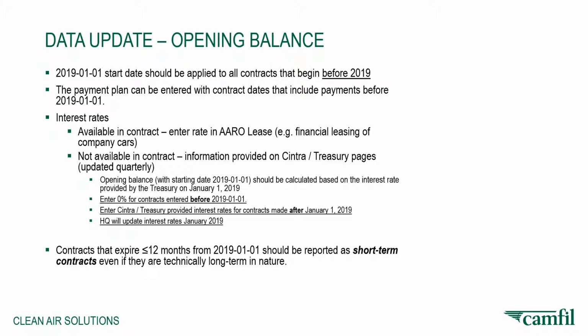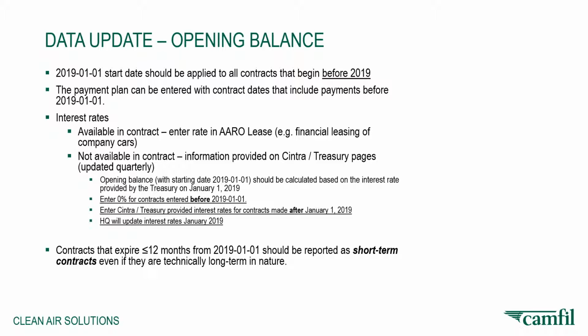A start date of January 1st, 2019 should be applied to all contracts that begin before 2019. Payment plans should be entered with the same date as that on the contract, even if it includes dates prior to January 1st, 2019. If the interest rate is available in the contract, then it can be directly entered into RO Lease.